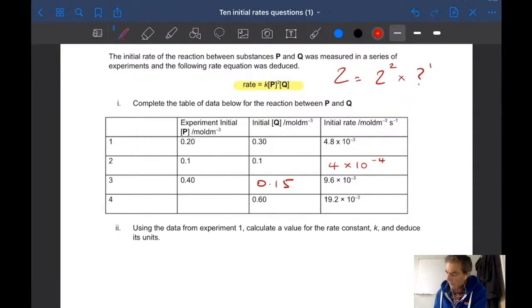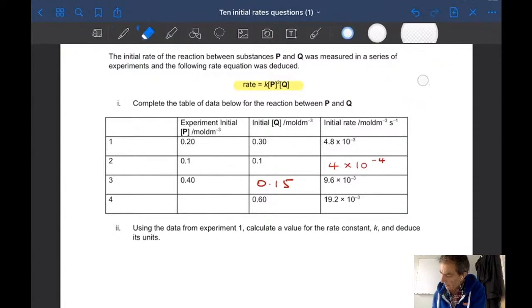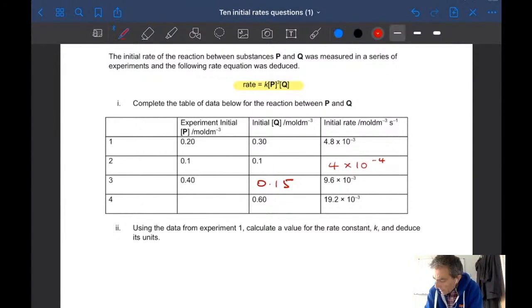Okay, so the final one, just rub this out so I've got some space. We'll work out the initial concentration of P for experiment 4. So I'm using experiments 1 and 4. What's happening to the rate?